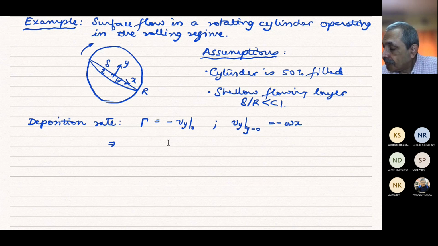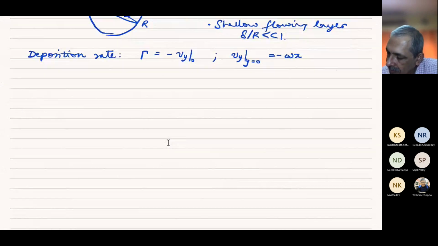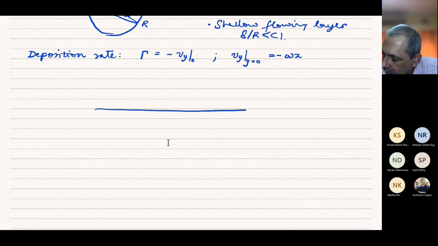We know that the velocity, let's say for example, if I just draw this a little bigger, so let's just look at only the flowing layer. So here you have the flowing layer.